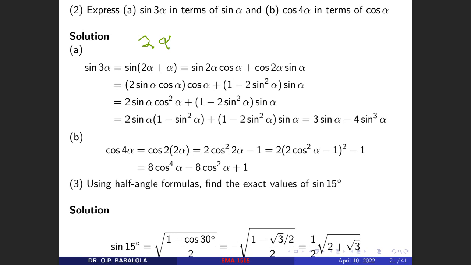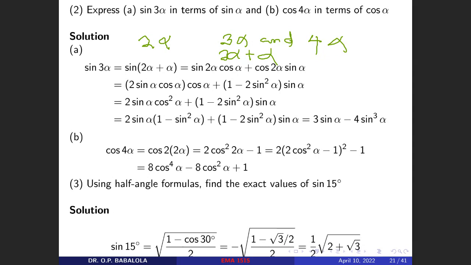But what we have been given is 3 alpha and 4 alpha. So we cannot directly use our double angle. So the first thing we do is to express 3 alpha and 4 alpha as what? As addition. And that will be 2 alpha plus alpha.